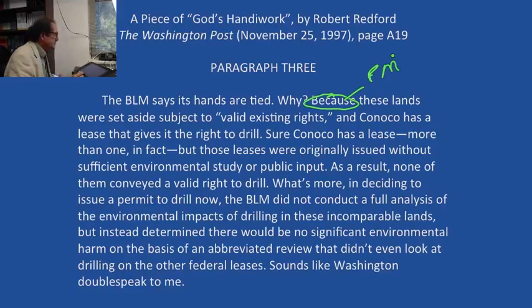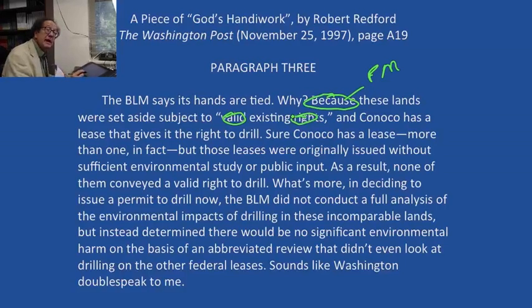Because these lands were set aside subject to valid existing rights. You could say that valid and rights are evaluative terms, but that's not going to matter to our analysis here. And Conoco has a lease that gives it the right to drill.